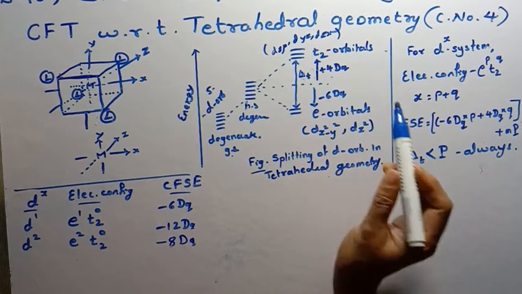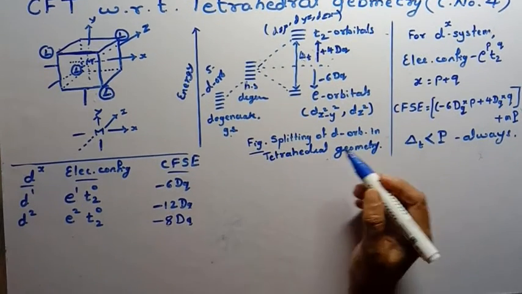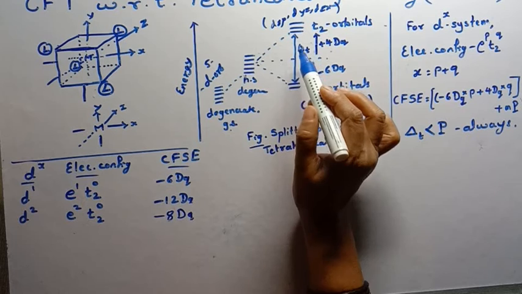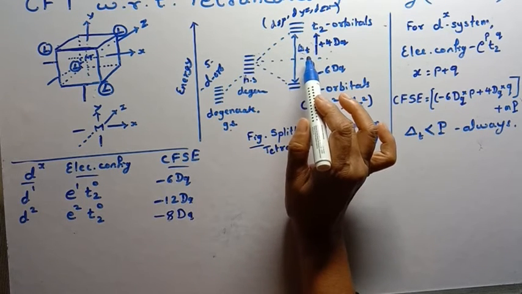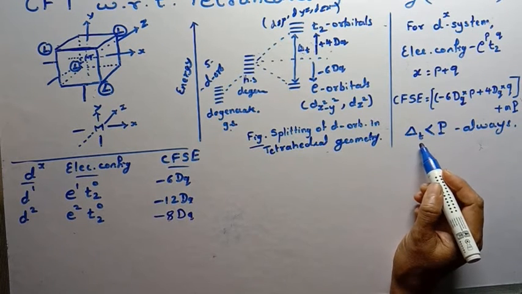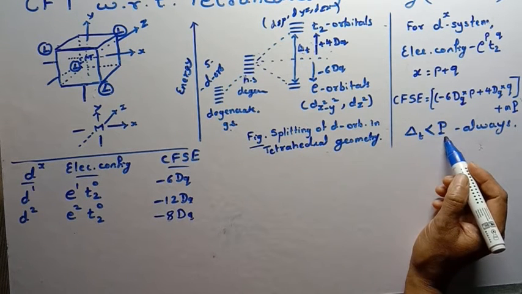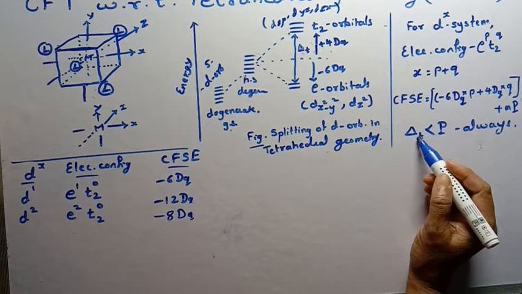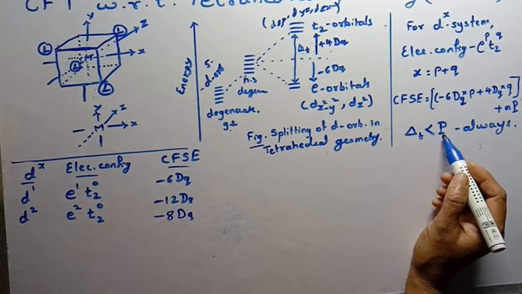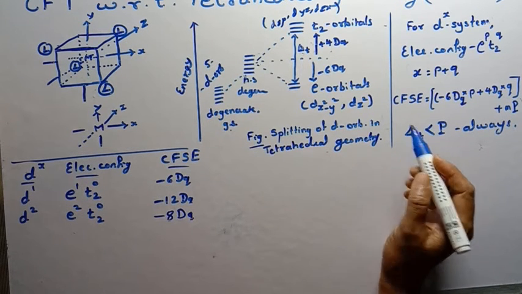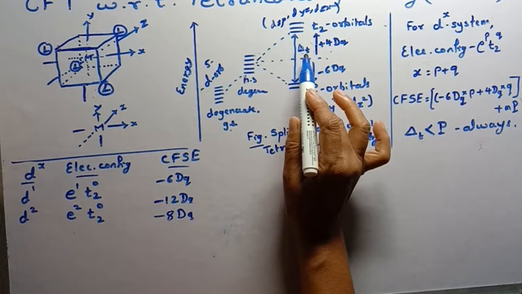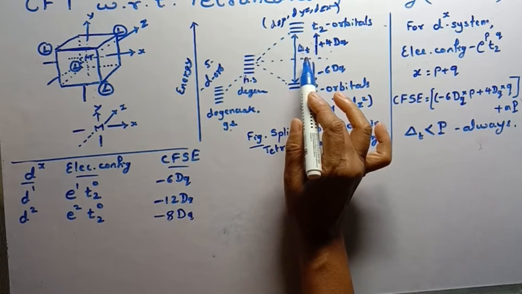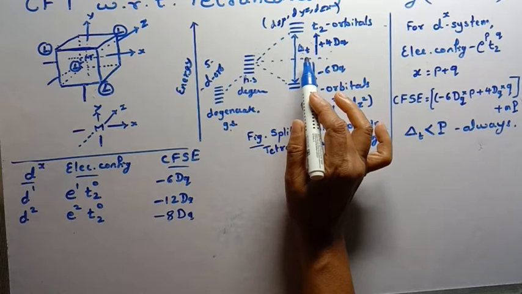So now in this case, the crystal field splitting energy is shown by delta T, where T stands for tetrahedral geometry. Now delta T is always less than P. So in case of tetrahedral, delta T is always less than P, because delta T, the crystal field splitting energy, is due to the interaction with only 4 ligands.